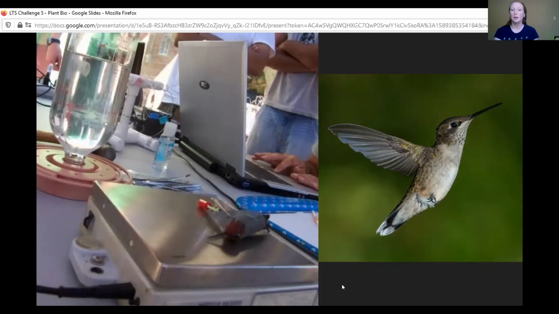And so we put a very small piece of plastic on the hummingbird's foot, and it allows us to identify where that hummingbird has been, and so that other scientists can track it other places that they catch the hummingbird as well. So that's just one of the techniques that scientists use in the field, and they have to bring all of their equipment with them.